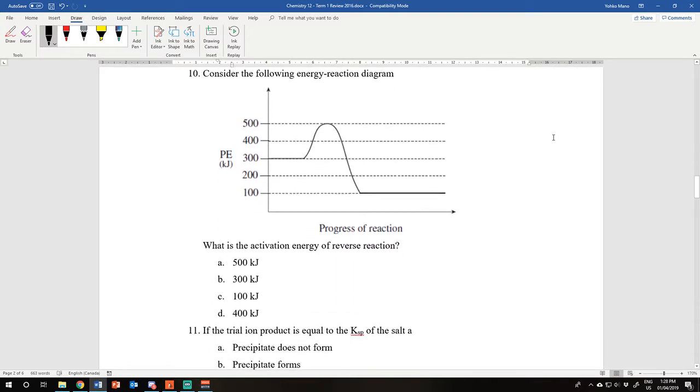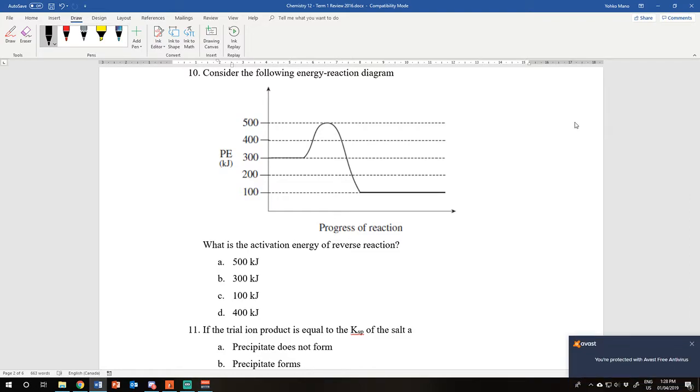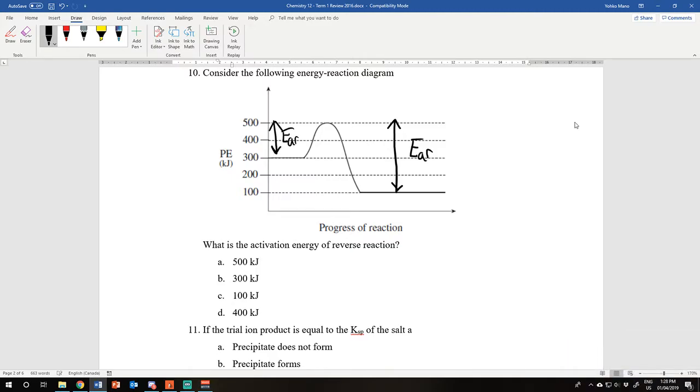All right. Here's an energy reaction diagram, so we're kind of jumping back into reaction kinetics. Lots of things you could ask. I would highly suggest that if you see a reaction energy diagram like this, you simply start off by labeling what the relevant energies are before you even attempt the question.